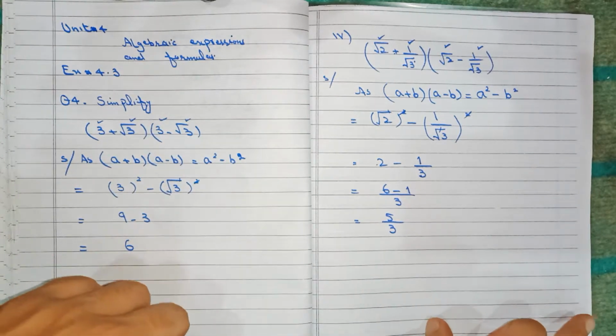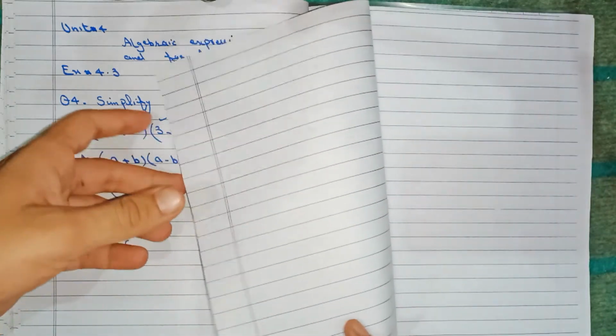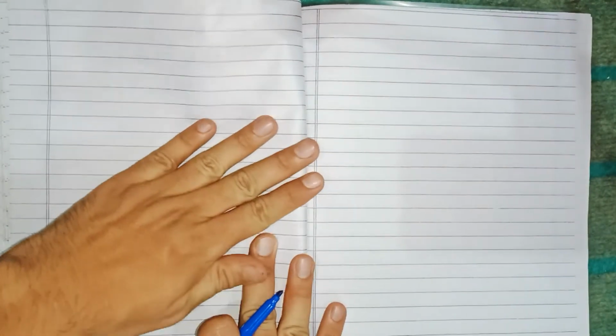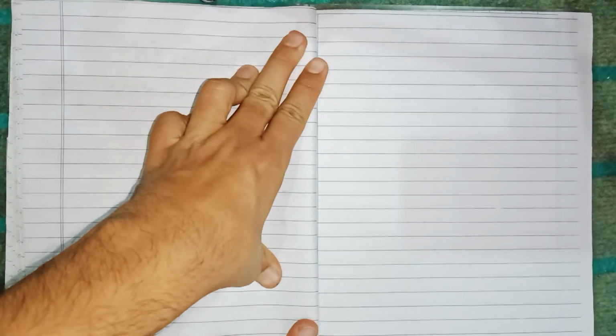Now the last part of this exercise is a bit different, but we will use the same rules, laws and identity here.